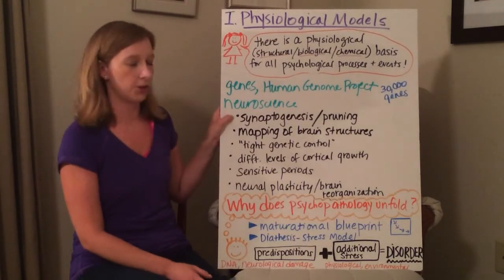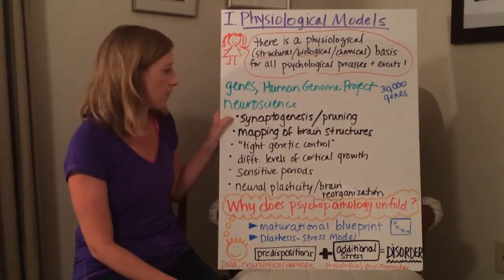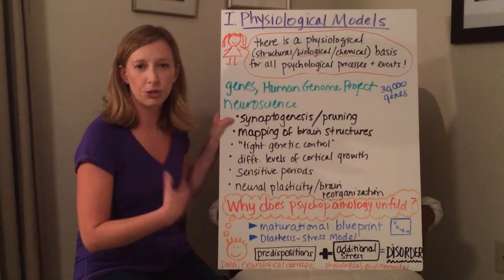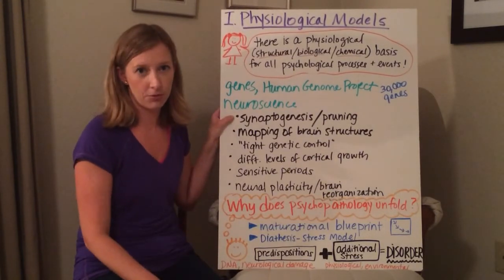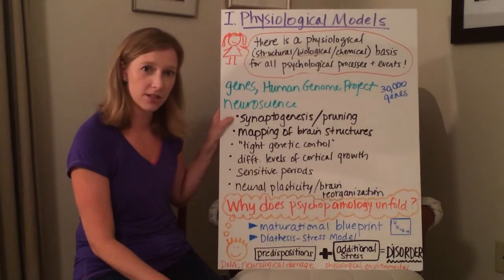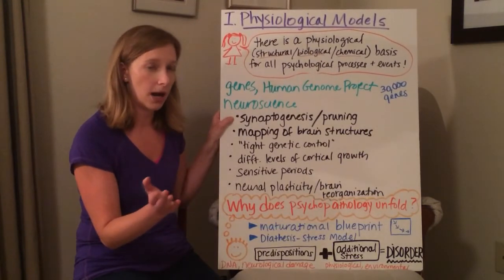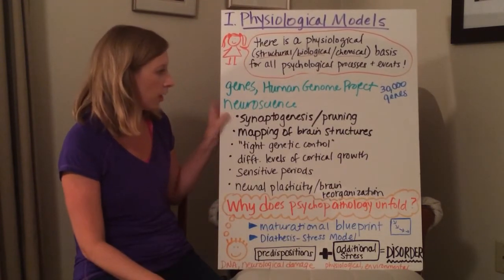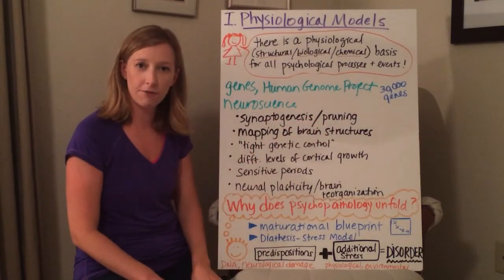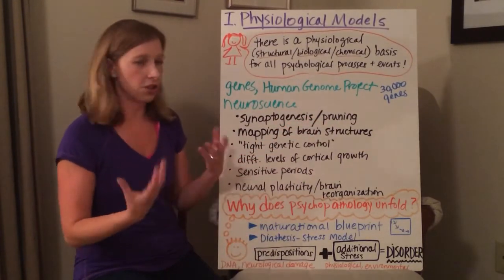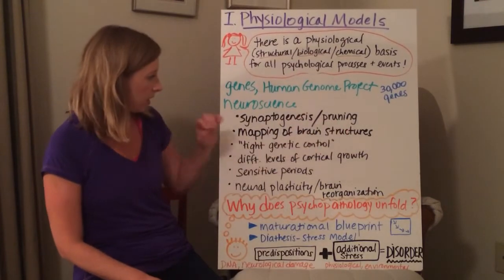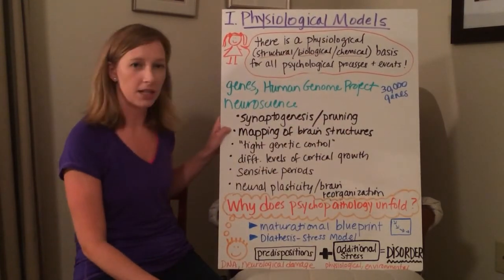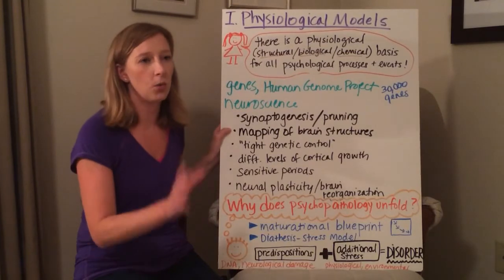We know, for example, that in prenatal development and early childhood, there's a rapid burst of synapse formation, known as synaptogenesis. Many initial circuits, or synapses, are formed. Then as you go through your life, the connections that you don't need are broken off, and that's known as synaptic pruning.